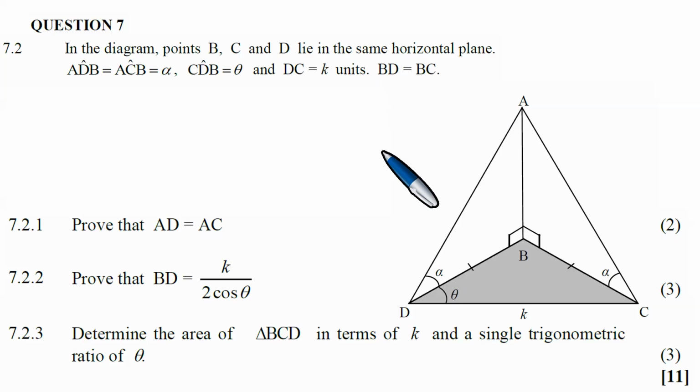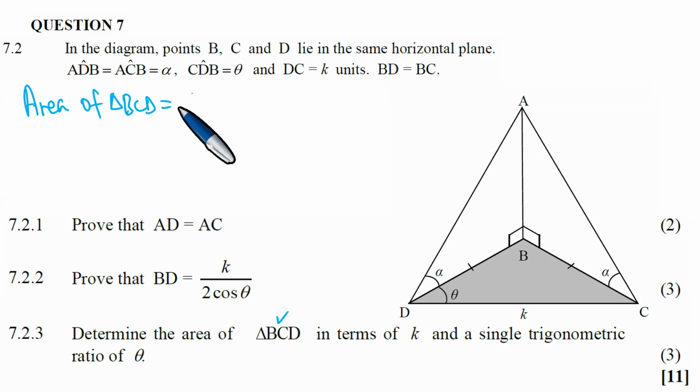Okay, so now when we find the area, we're going to say the area of triangle BCD is one half BD BC the sine of this angle.